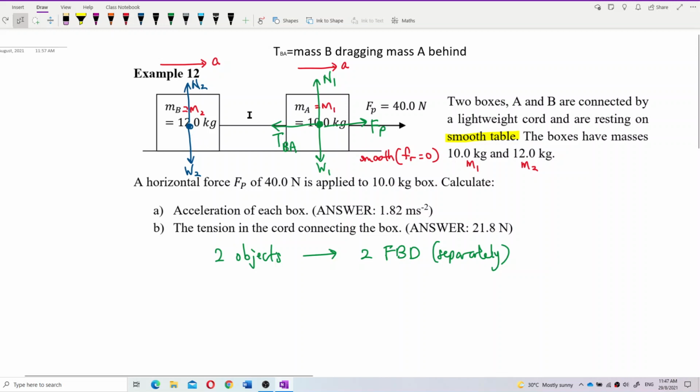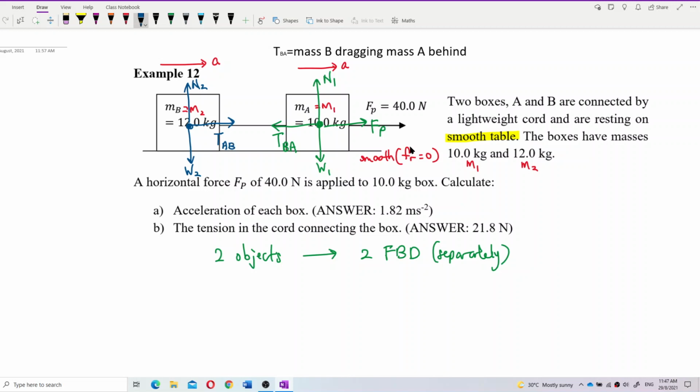Like you see, just now I said B drags A, A also drags B, isn't it? So mass A is actually pulling mass B to the front. So mass B experiences this pulling force to the front, which should be TAB.